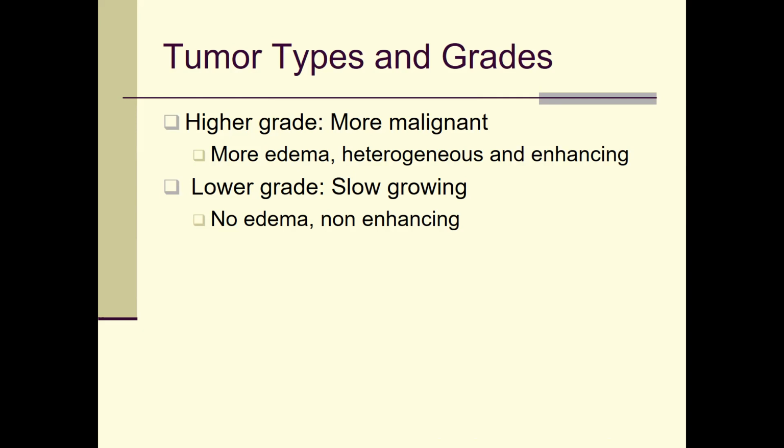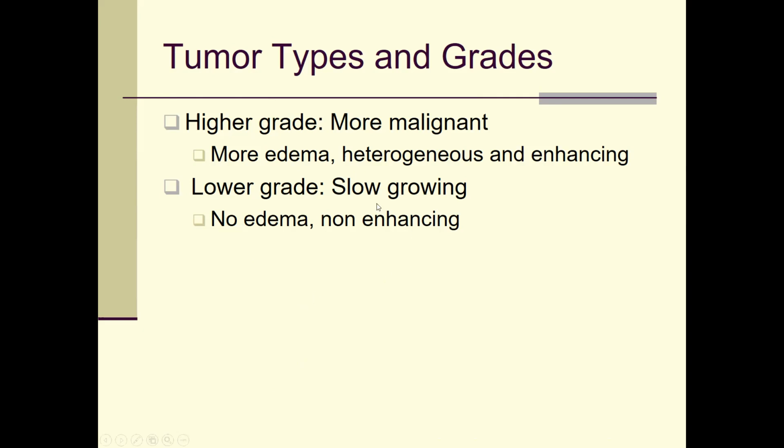So you can visualize them as high intensity structures by contrast imaging. The lower grade tumors, when you give a contrast, you may not have an enhancement, and not much of the edema. So those are the major characteristics we can see.